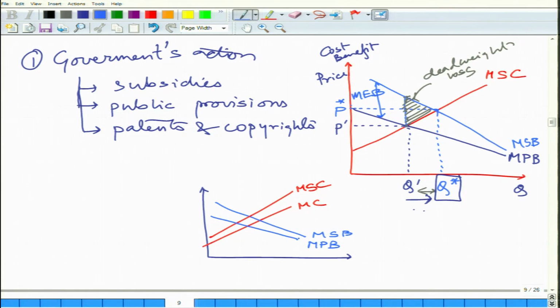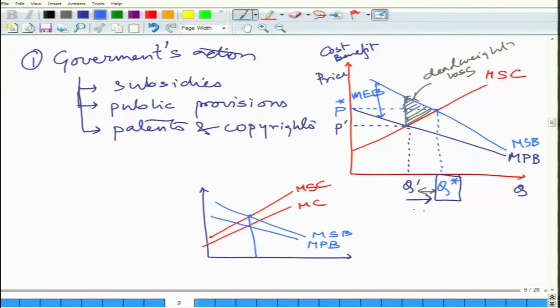But then you need to estimate which is more: marginal social benefit is more or marginal social cost is more. Eventually, it is about which externality, for the benefit or for the cost, is more, and based on that you will estimate whether you will go with marginal social cost and marginal social benefit, or marginal private cost and marginal private benefit.